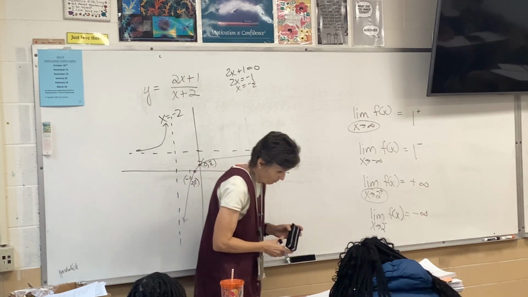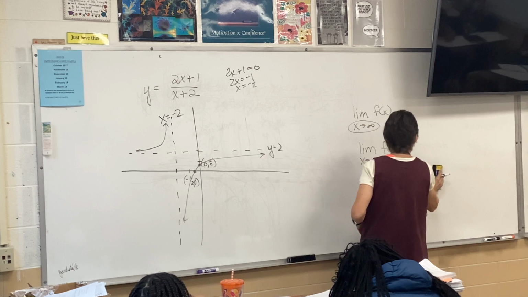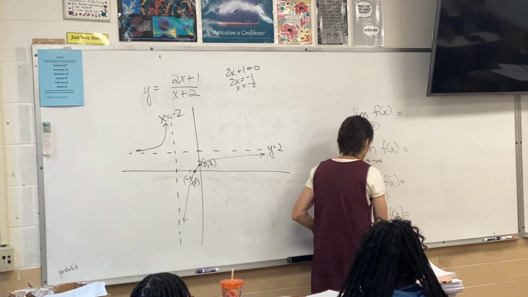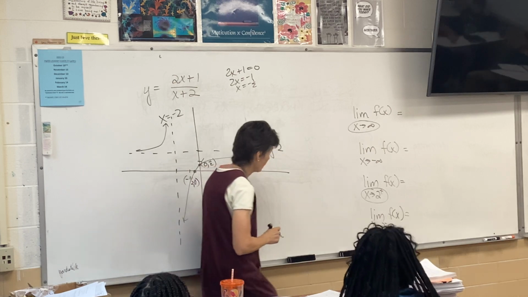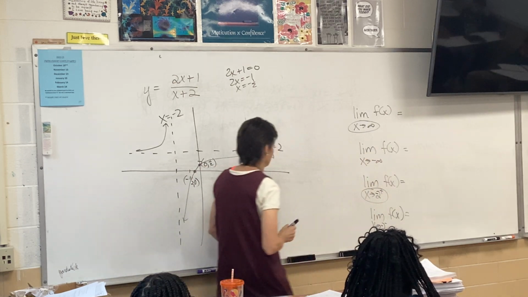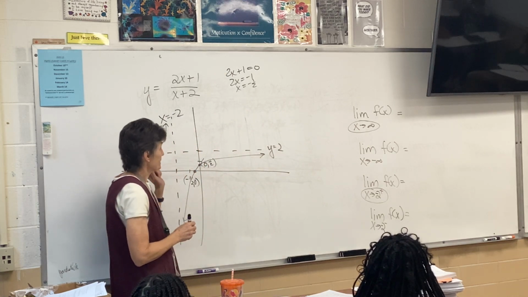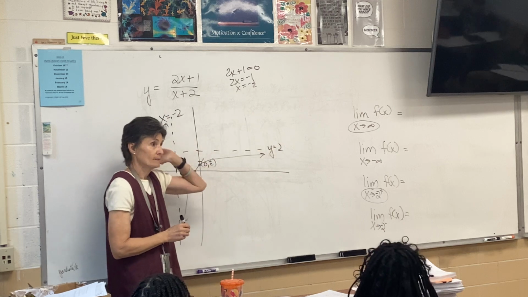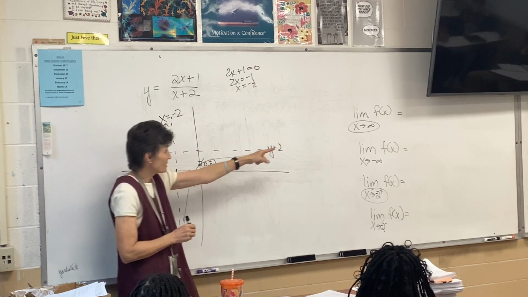So now, I think the questions are the same. All right, so here we go. Tell me what's happening as I head all the way left on my picture. That's what this means.